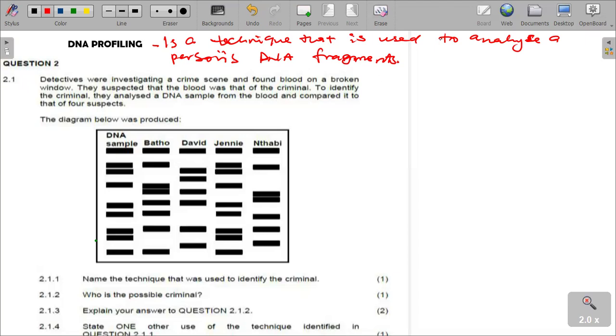So I'm going to show you the sources of the DNA samples, or where that DNA can be found from. Sources of the DNA samples from a human body or from individuals.